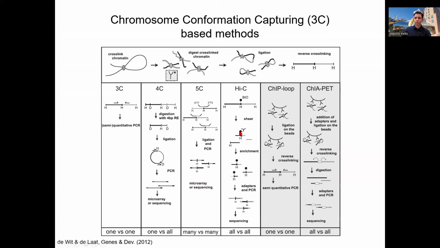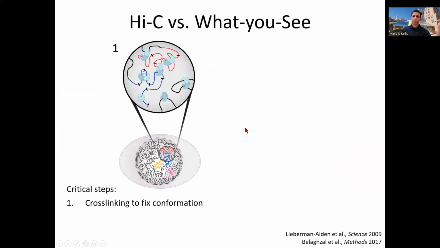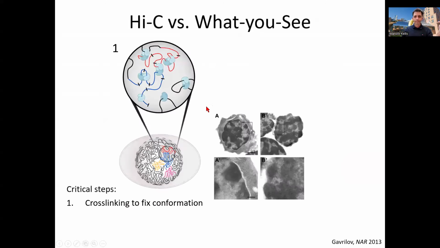And therefore, I'm going to be able to pull down all of the segments that religated that were not identical to each other. Then I'm going to sequence those. And that has been the technique of choice for analyzing this three-dimensional chromosomal structure. Okay?